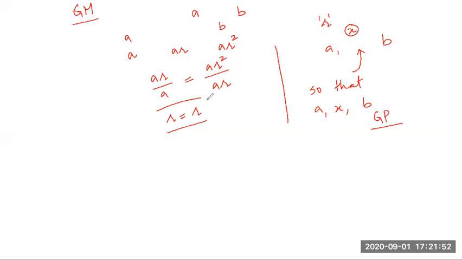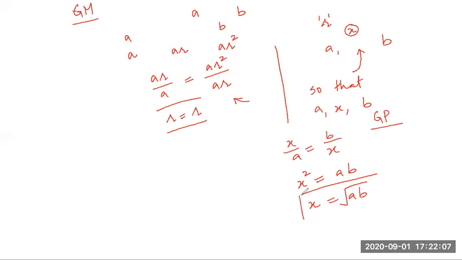So obviously like this we have done here, x by a would be equal to b by x. So we get x squared is equal to ab. Here we get x is equal to under root ab. For any two positive numbers a and b, their geometric mean is given by root ab.